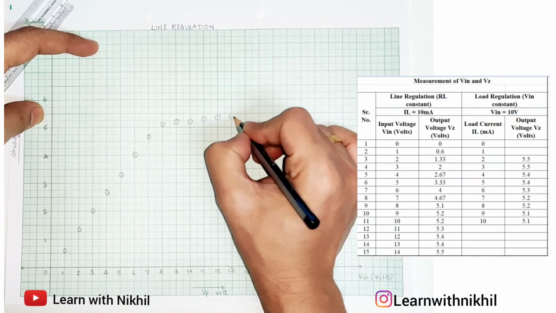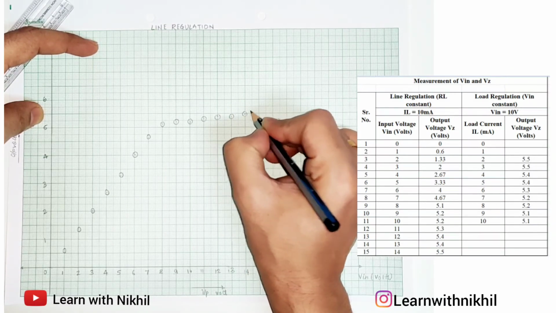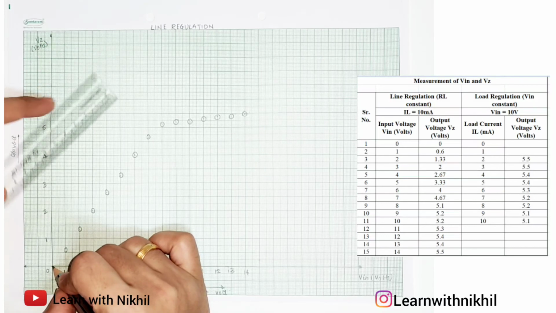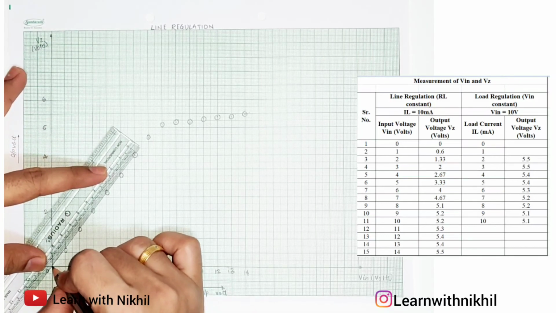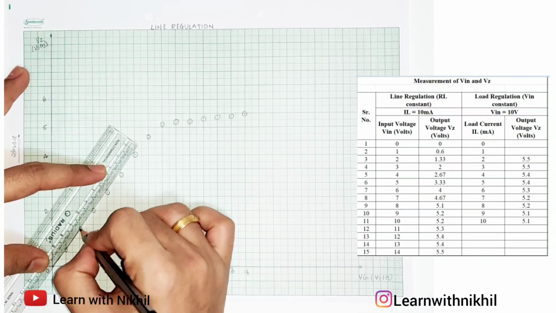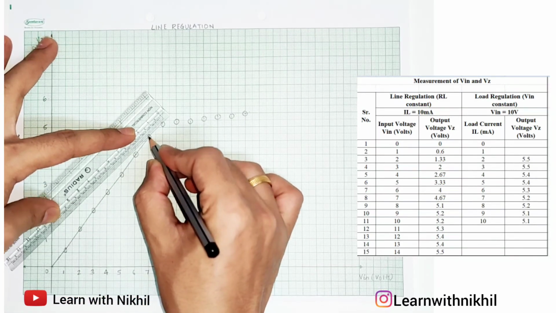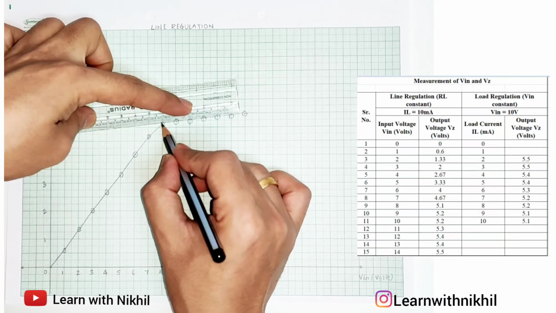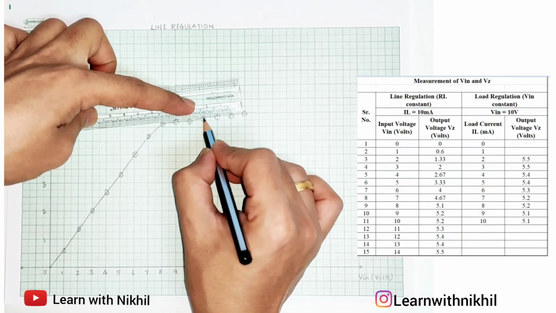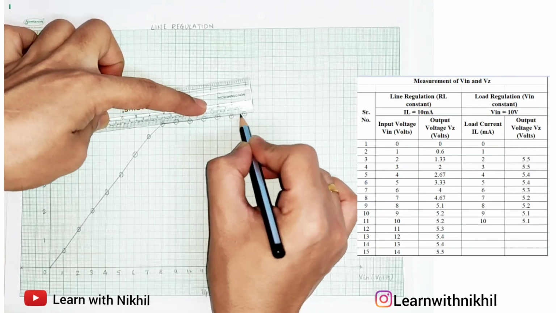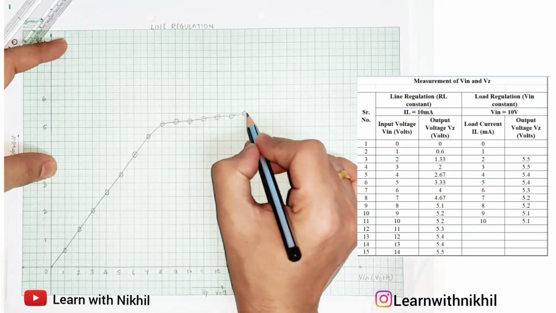So this is the constant line. After this, join all these points. And with this, we have plotted the graph for line regulation of Zener.